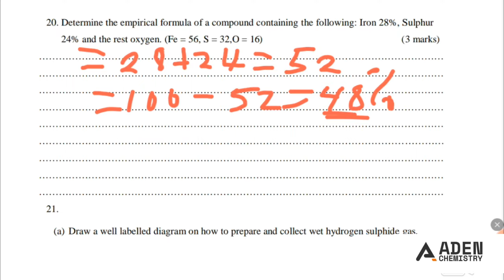Then for oxygen, we say 48 divided by 16, and we get 3. After that, we are supposed to get the mole ratio. For the mole ratio, first of all, we check the number of moles of each. Then we pick each mole value and divide by the smallest moles out of the 3. After that, we are going to write the empirical formula.